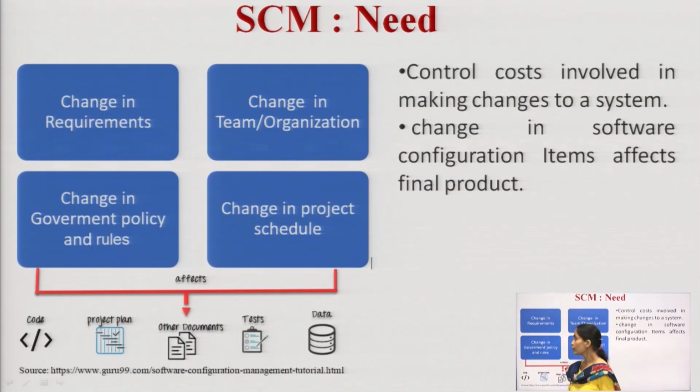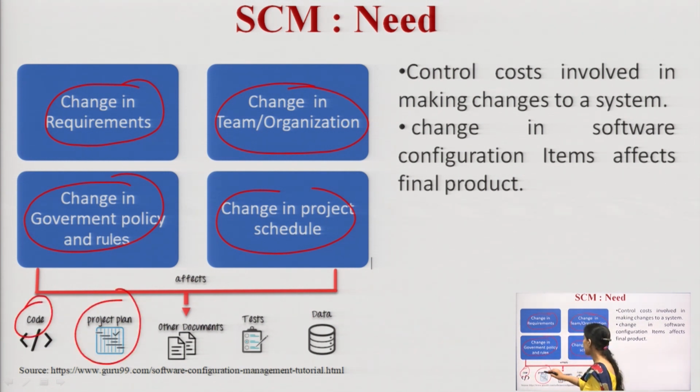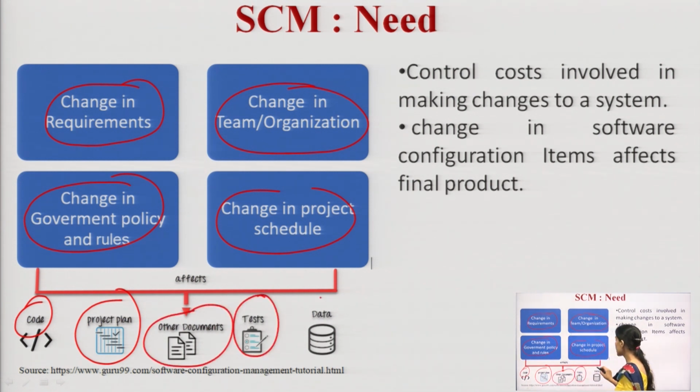So, with SCM, there can be changes in requirements, changes in team members, changes in the organization, changes in the project schedule, or changes in government policies and rules. All these factors affect my software code, my project plan, the other documents, the testing phase, and my gathered data.